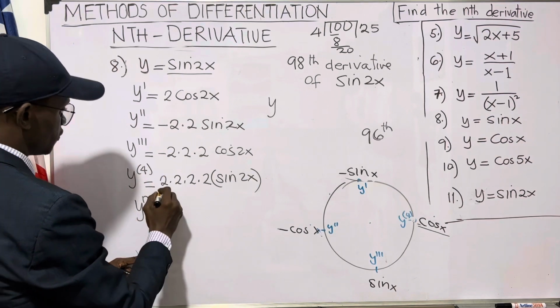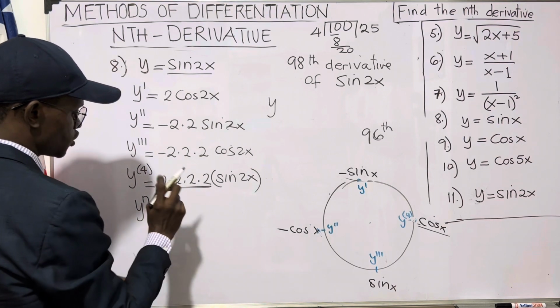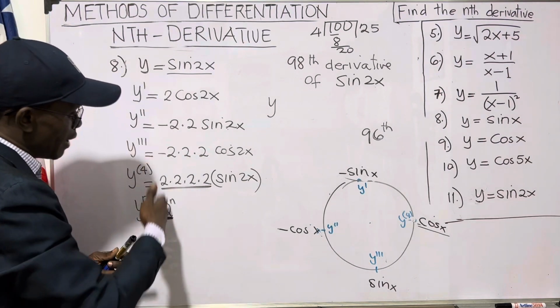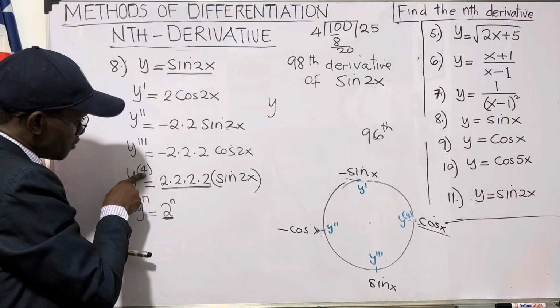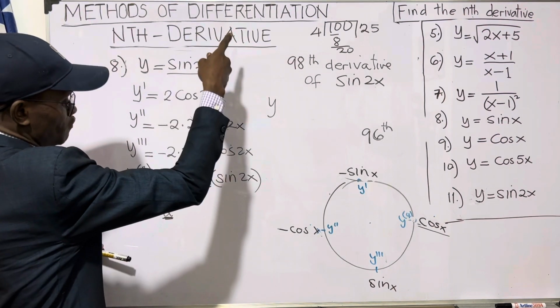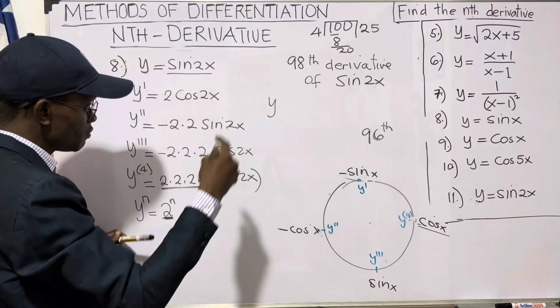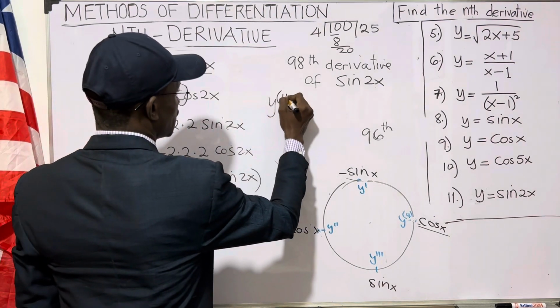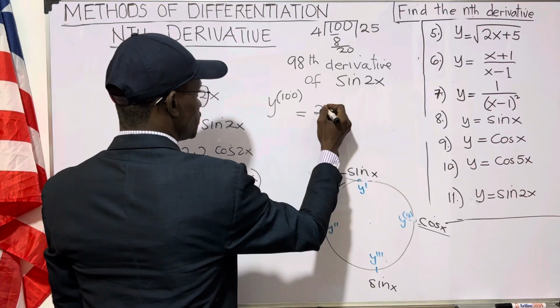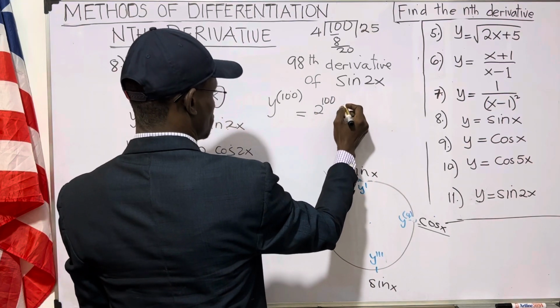But this coefficient must always remain within this pattern. If we find the fourth derivative, it is this coefficient raised to the fourth power. If we find the 100th derivative, it must be that coefficient, which is 2 raised to the 100th power.